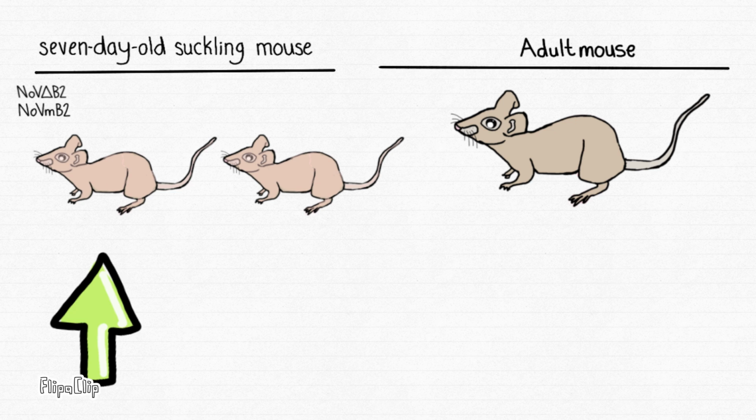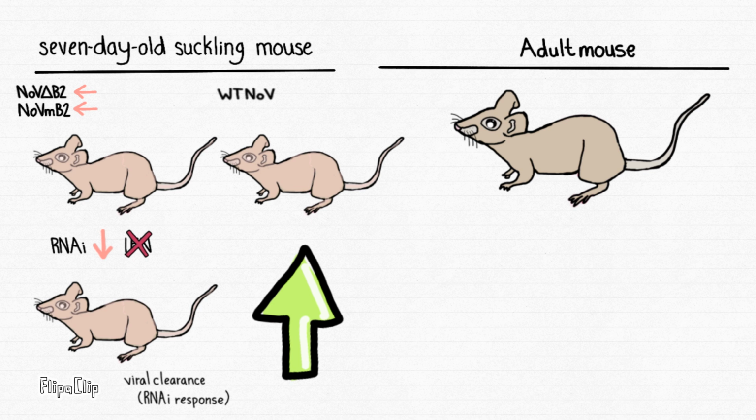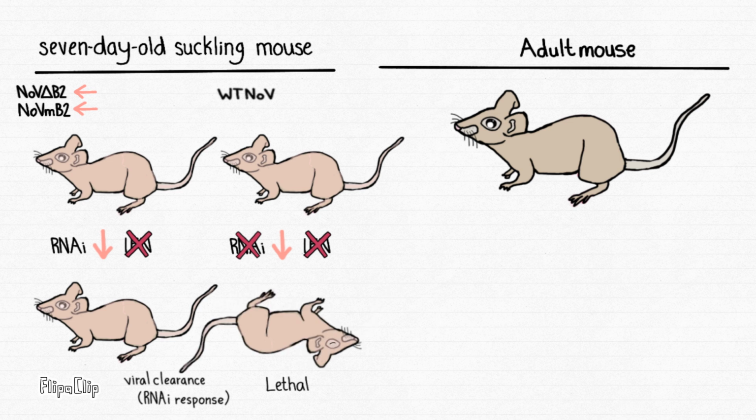And so for the first mice, which had the NoV without the B2, and the NoV with a mutant B2, which wouldn't work, it wouldn't suppress the RNAi pathway, the mouse would actually clear out the virus, which it would do by an RNAi response. However, in the wild type NoV, the mouse couldn't because of the B2 protein, and it would present lethal results.